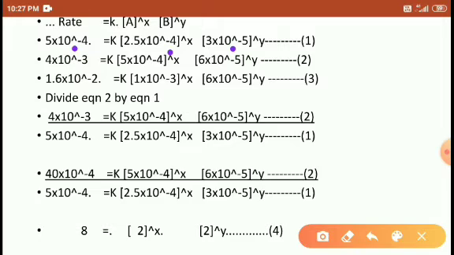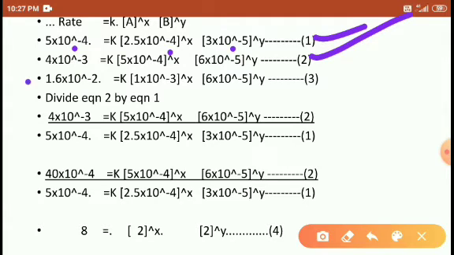This is equation 1. Next, the rate is 4 into 10 to the power of minus 3, the concentration of A is 5 into 10 to the power of minus 4, and the concentration of B is 6 into 10 to the power of minus 5, that is double. This is considered equation 2.